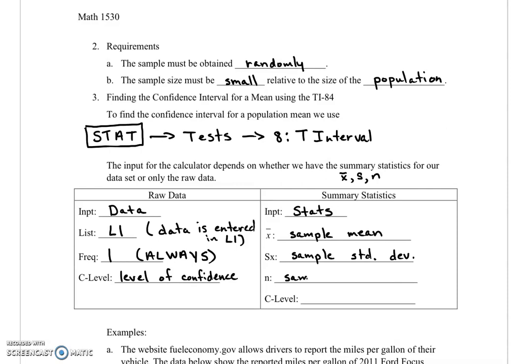N is the sample size. And C level is level of confidence. Okay, in the next video, as I said, we'll look at some examples of how to use this.